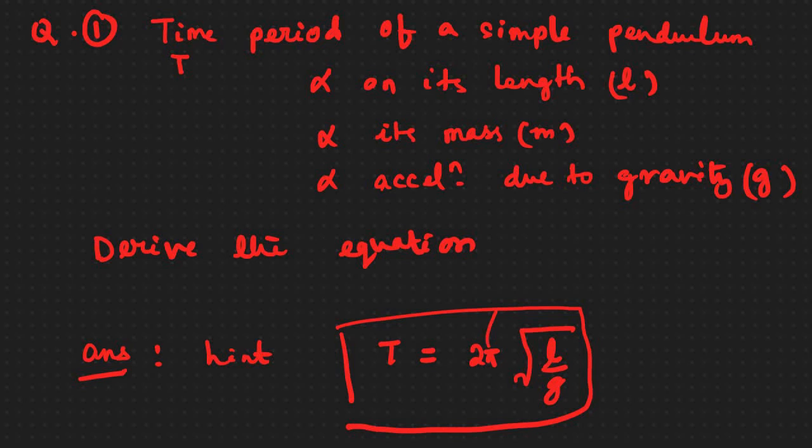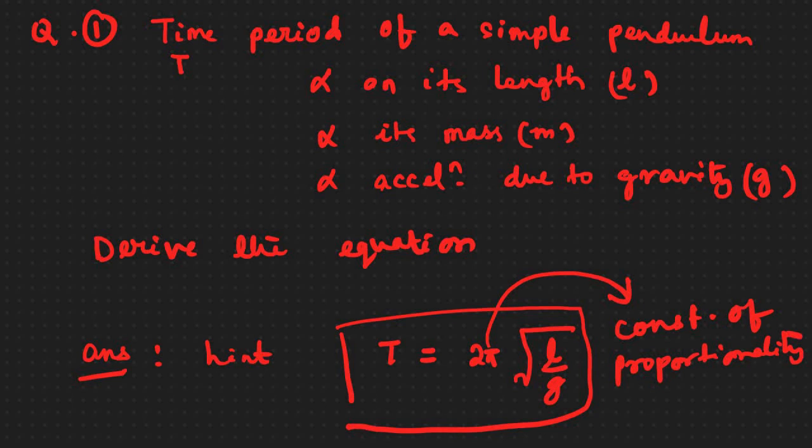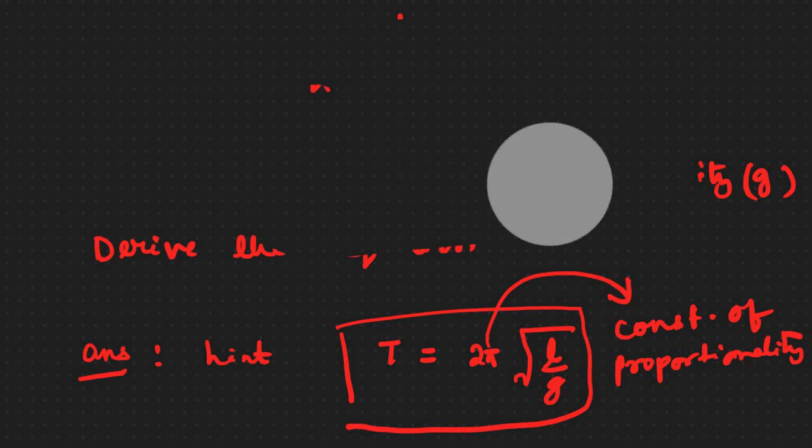The 2 pi is the constant of proportionality, which I am giving you. We have taken it as 1 also. Here we are taking the constant of proportionality as 2 pi. Now you can please derive it, and if you are not able to, please write me back. I'll be deriving it in the next video. For now, if you have written this question or taken a screenshot of it, I am deleting it so that we move over to the next thing.